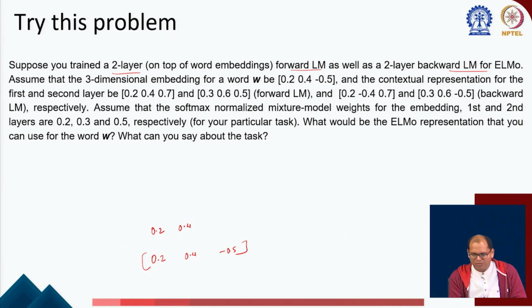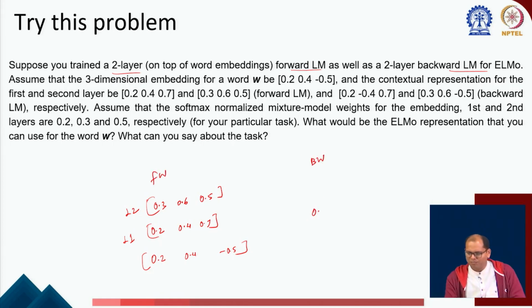So 0.2, 0.4, 0.7, 0.3, 0.6, 0.5. This is layer 1. This is layer 2 for the forward LM. Similarly, for the backward LM, you have 0.2, minus 0.4, 0.7, 0.3, 0.6, minus 0.5, right?